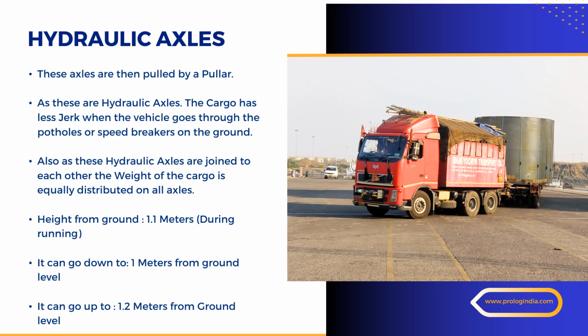Height from the ground is around 1.1 meters during running. It can go down to 1 meter from ground level, and it can go up to 1.2 meters from ground level. Usually, the jacking down or jacking up of hydraulic axles is done to load and discharge cargoes.